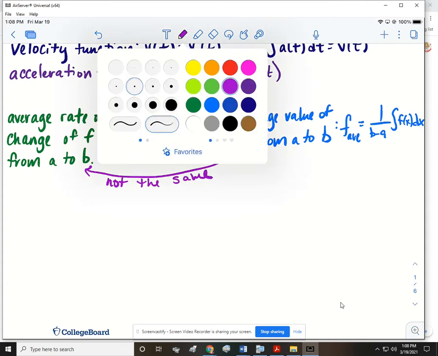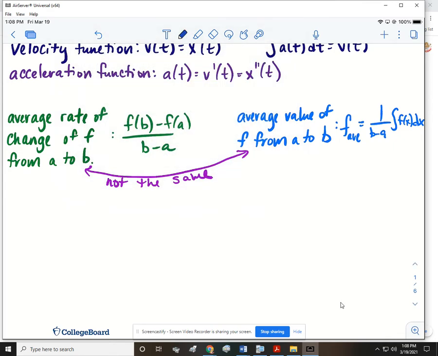But let's talk about what is the same. All right, so we want to figure out what is the same as the average rate of change of f. That's going to be the average value of f prime. F prime is the rate of change.